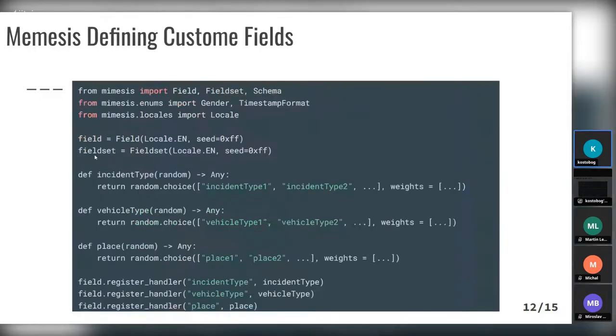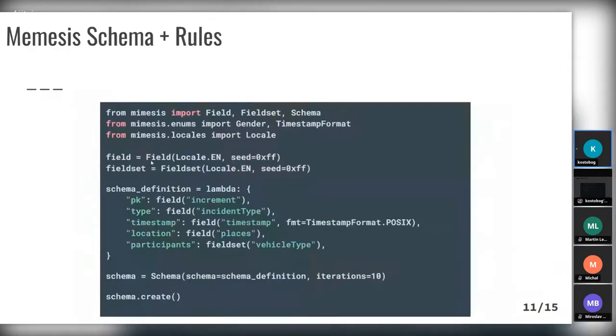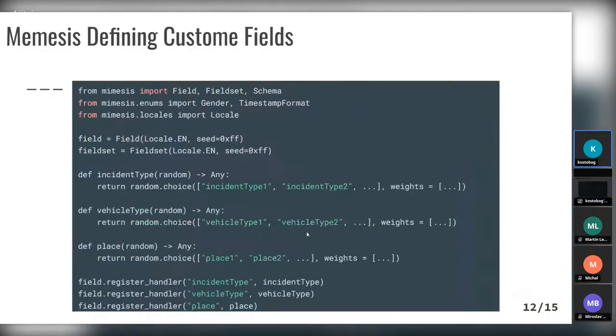So to actually do that, I created some custom fields, which is the incident type, the places, and the vehicle type. And this is how this is done. So we have some functions.